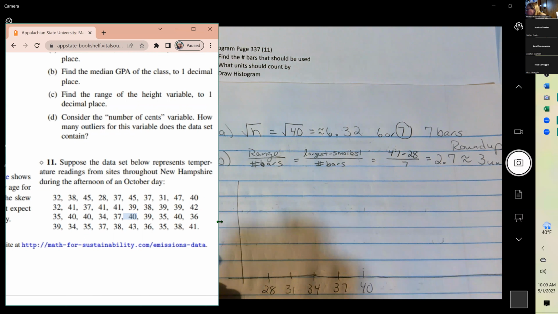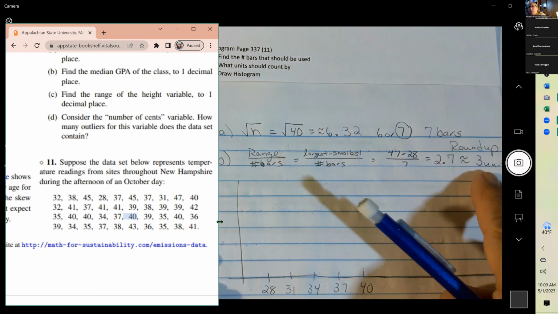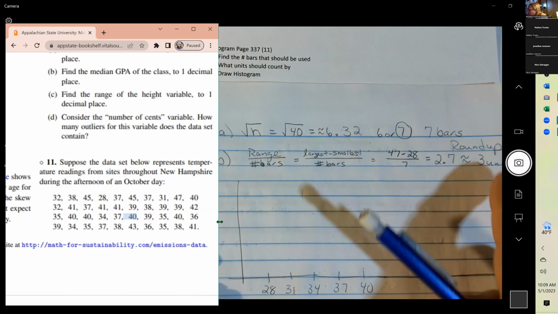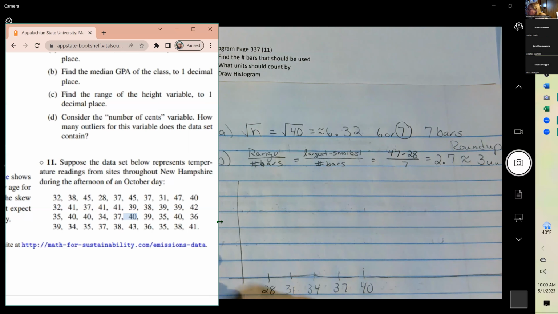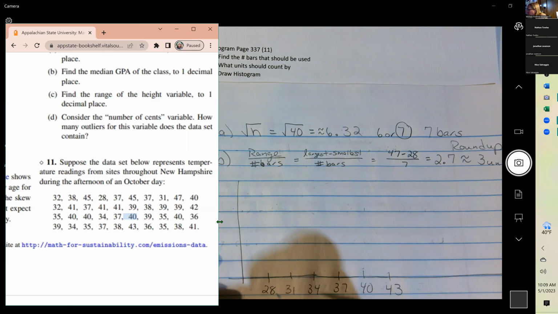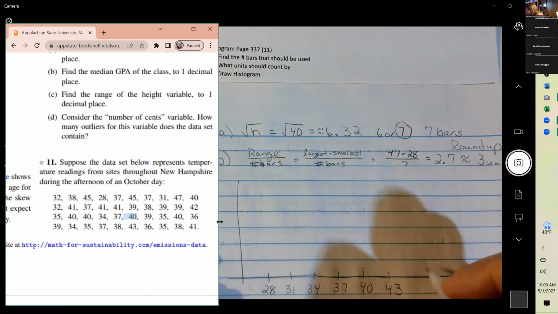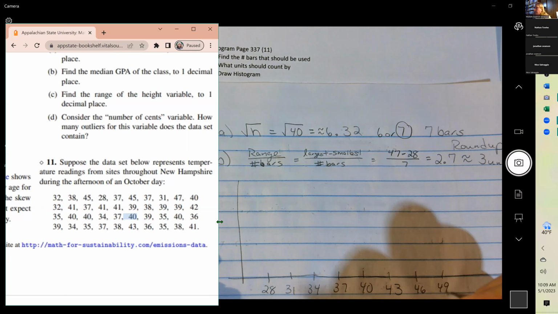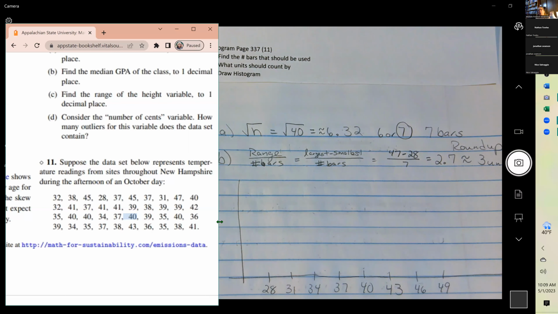So I'm counting by 3 because that's what this is. 31, 34, 37, 40, 43. Did it go up to 47? Okay, so I need 46, 49. So you want to make sure you have your smallest and it fits into your largest. Any questions on that?